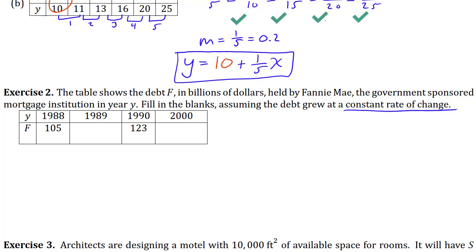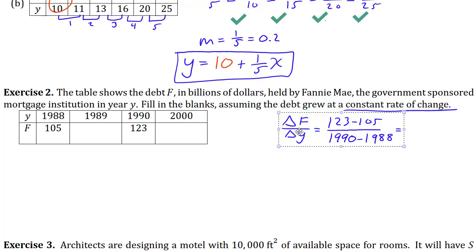Well, it's going to be the change in F divided by the change in Y. From here to here, the change in F is F2 minus F1, so 123 minus 105, divided by the change in the years, which is 1990 minus 1988. 123 minus 105 is 18, so that gives you $18 billion.